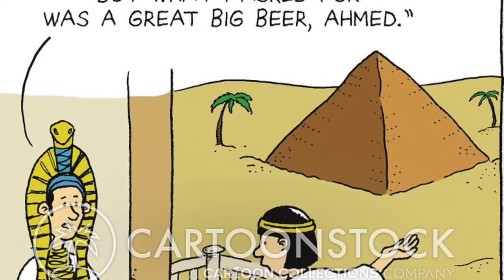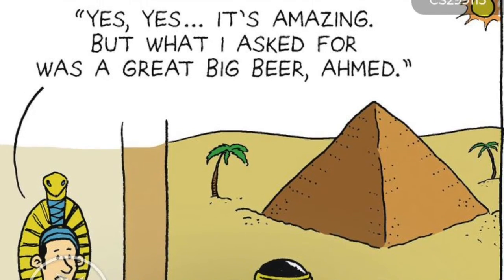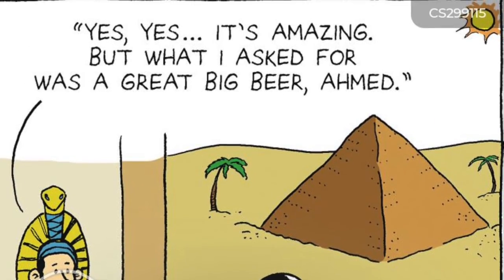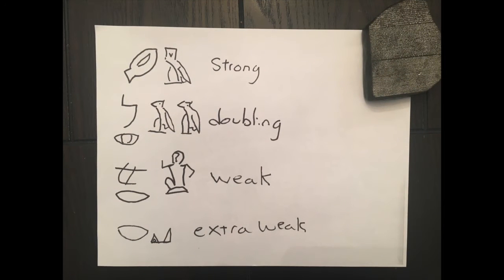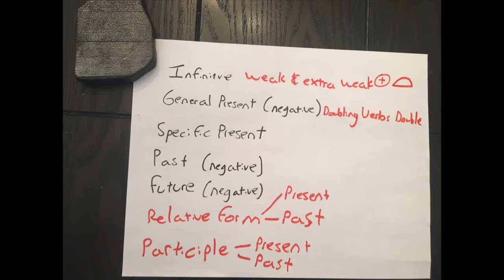All right, so we are into verbs, and we're going to do a little recap of what we've learned so far with tenses before we jump into a new tense. Hey, we're learning a lot now. First off, we've talked about the four classes of verbs: strong, doubling, weak, and extra weak, which again, you will just learn as you go what class any verb is: to see, to love, to give, etc. And we've talked about the infinitive, which is where weak and extra weak verbs get a T. And we've talked about the general present, where doubling verbs double.